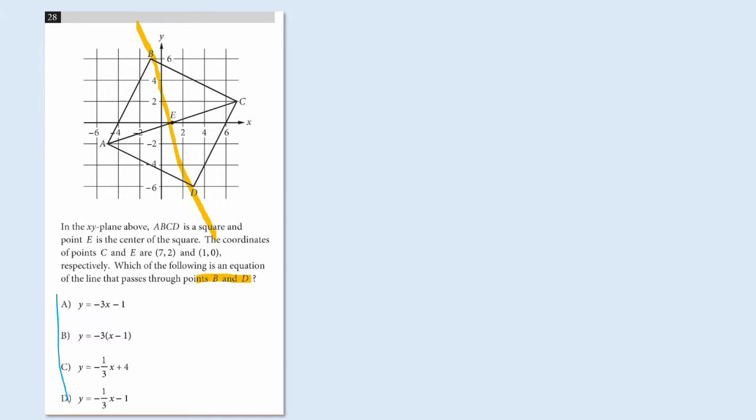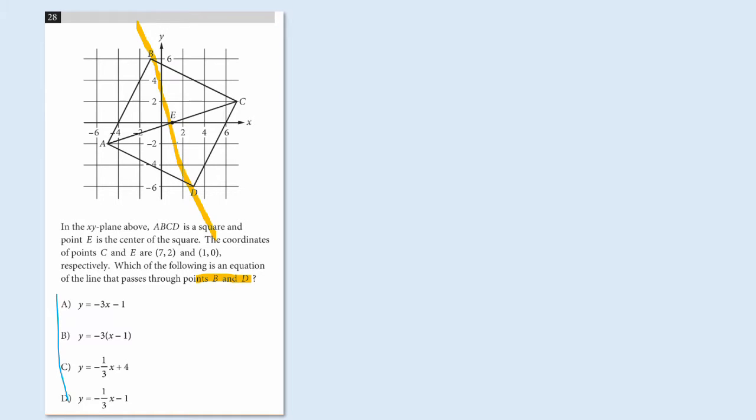So the first thing I want you to notice is that the x scale, or the x-axis, goes up by 2s, right? It goes 2, 4, 6 for each of those evenly spaced marks. And the y-axis also goes up by 2s. It goes 2, 4, 6.